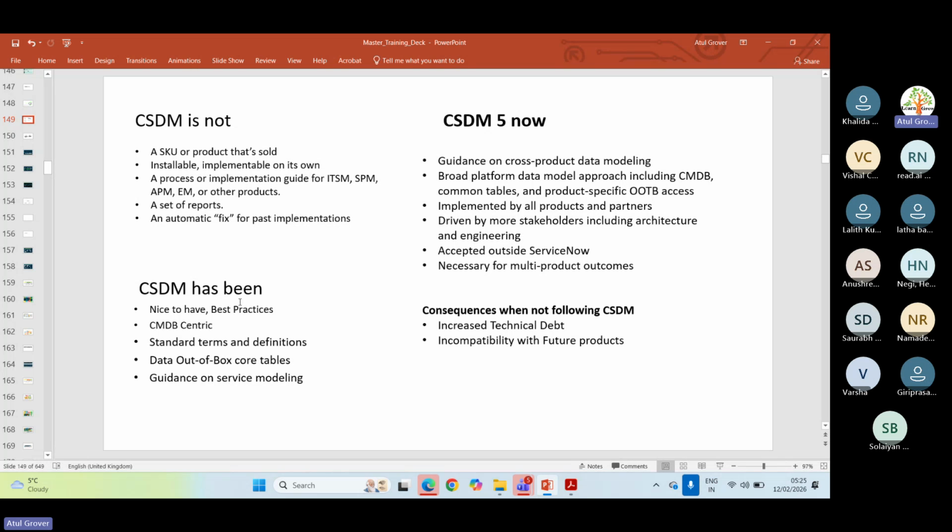Even though it is a set of best practices, nice to have, my experience says, because we are working with clients day in, day out, it is now a must to have. At least the basics you must have, whether you're a very big customer or a small customer. If you're providing services, then you must have this concept.